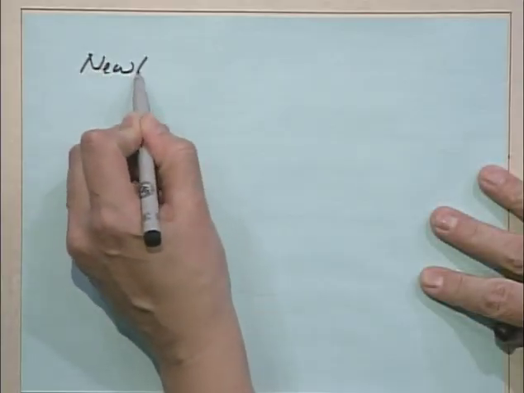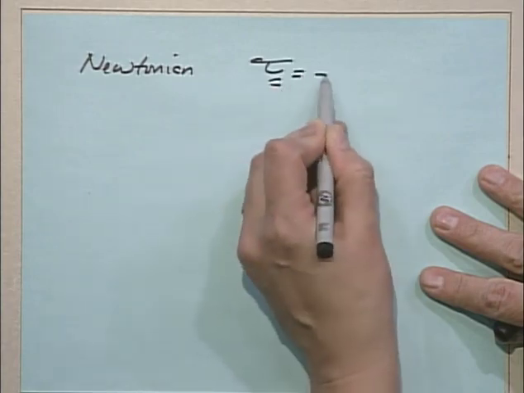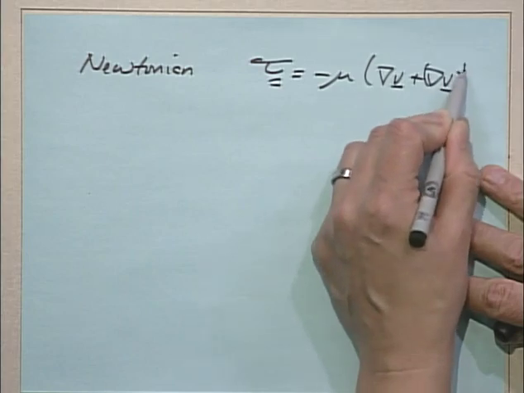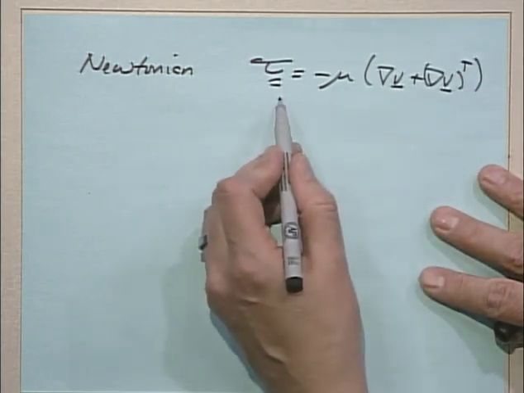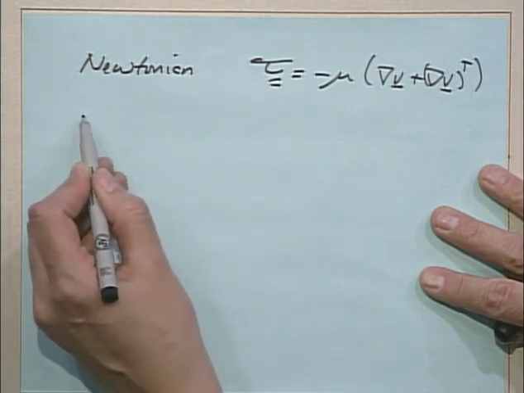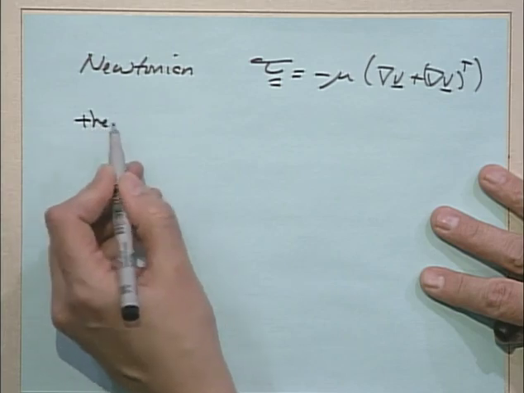Okay. The only constitutive equation we know so far is the Newtonian, which is tau equals minus mu (del V plus del V transpose). And this constitutive equation follows one of the important rules of stress, which is that we haven't talked about it too much, but the stress tensor is always symmetric.